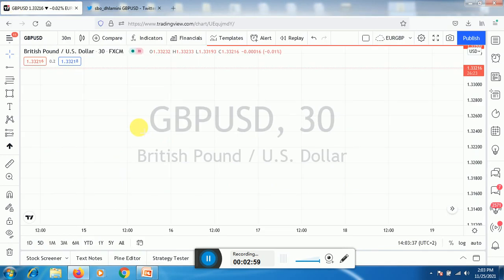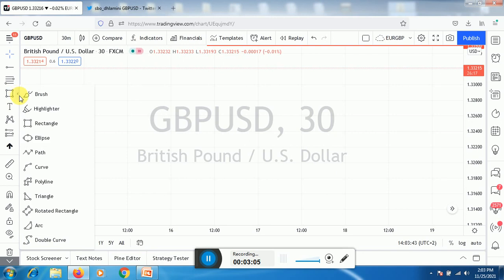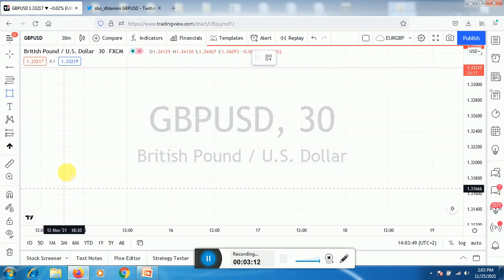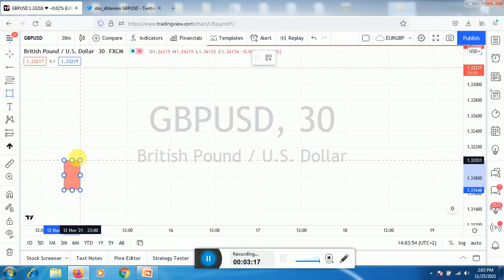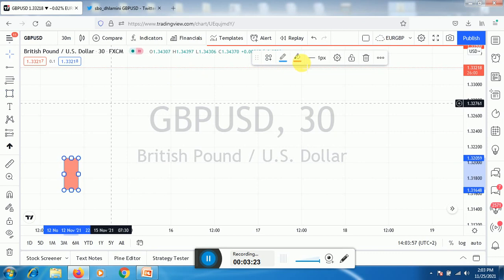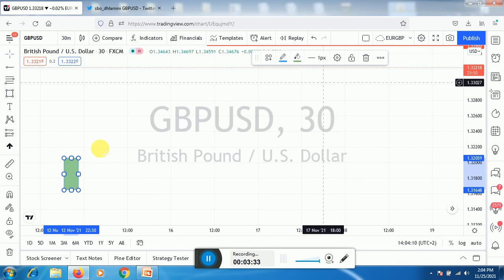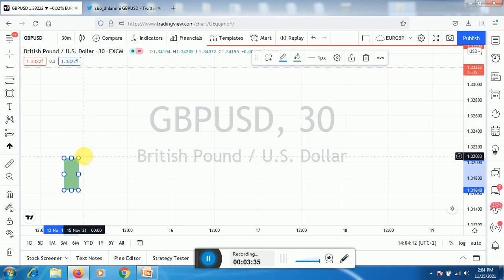Let us assume that the market is in an uptrend. There is your first candlestick. Let us change the color to green. So bullish candlesticks. The market is going in an uptrend.